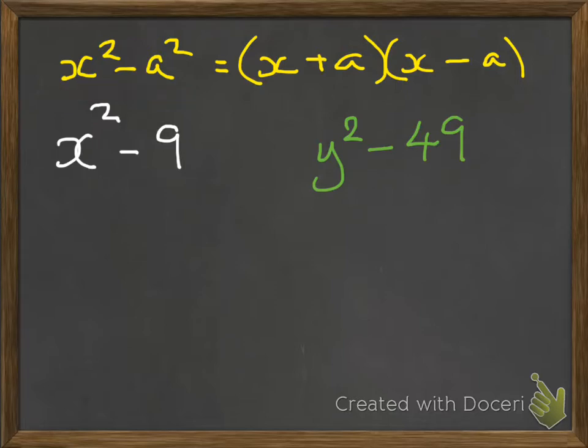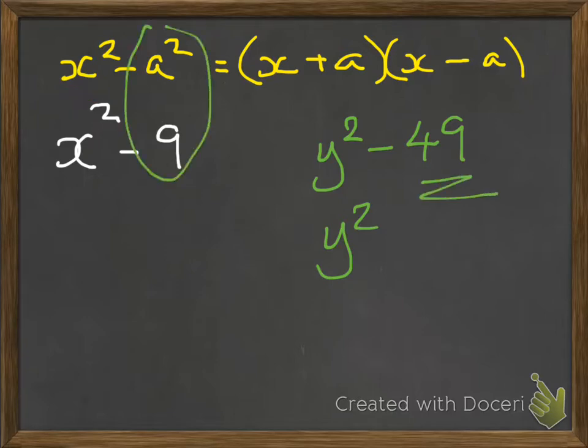Can I translate this? Yes, because I've got y squared, and 49 is the same as 7 squared.